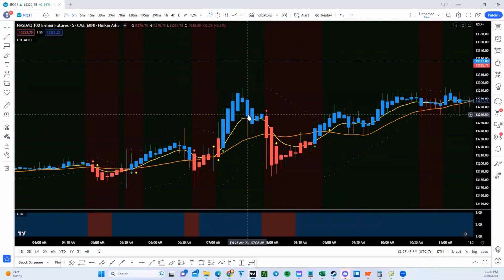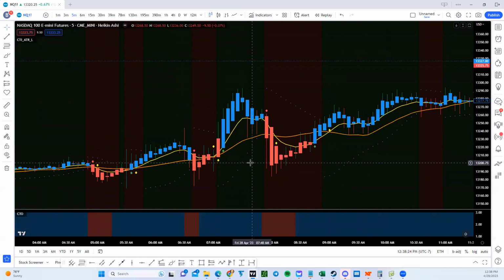You'll see that, for example, this curling down right here, the candles are still blue, but the wicks are red, meaning if we were looking at this as a default chart, these candles would already have turned red, right? So this may give us an indication that is counter to what the actual indicator is, and we can use that piece of information to make decisions on how we're going to manage this trade.